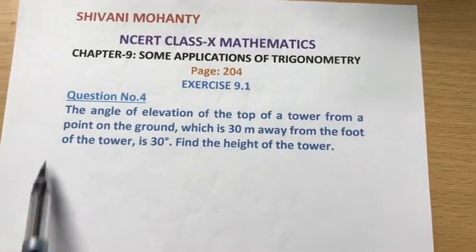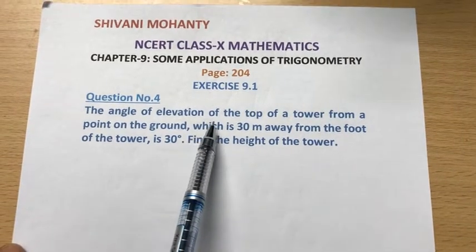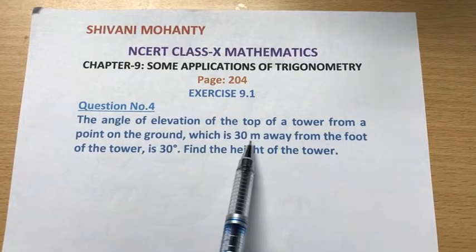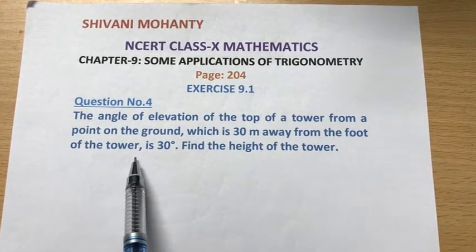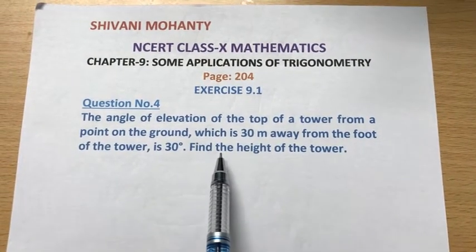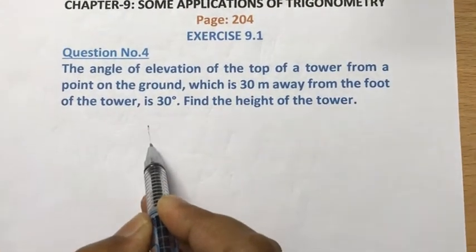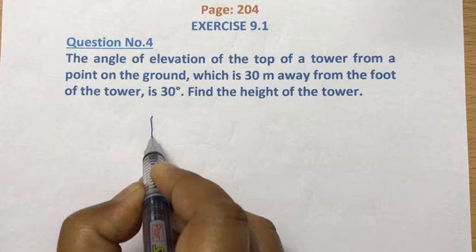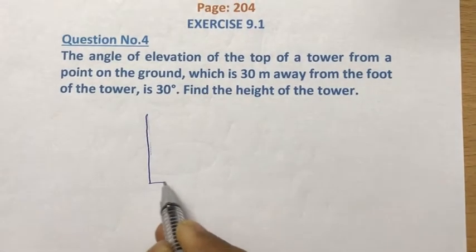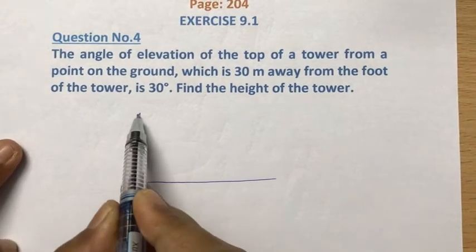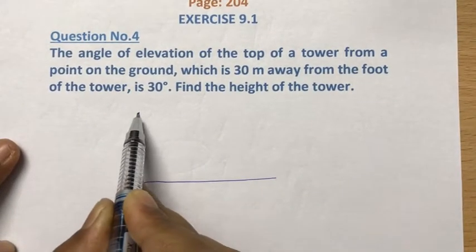Question number 4. The angle of elevation of the top of a tower from a point on the ground, which is 30 meter away from the foot of the tower, is 30 degree. Find the height of the tower. So I am first drawing the figure. Let this be the tower.